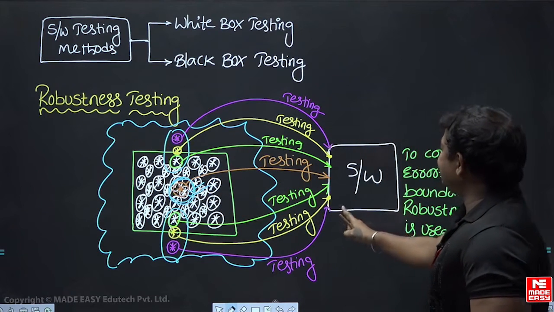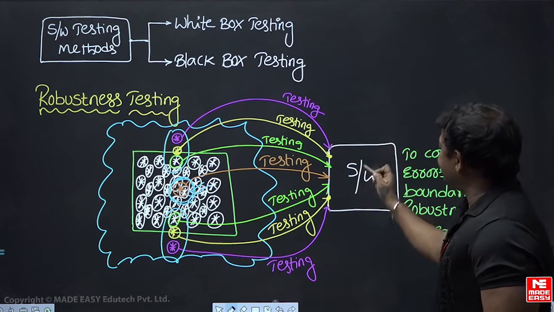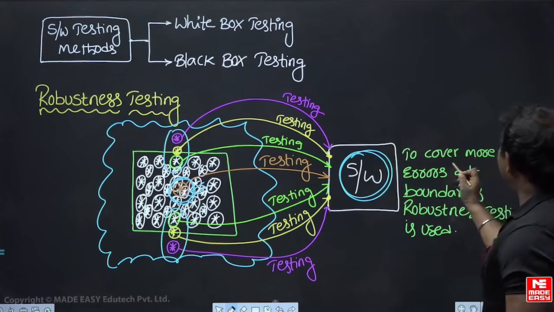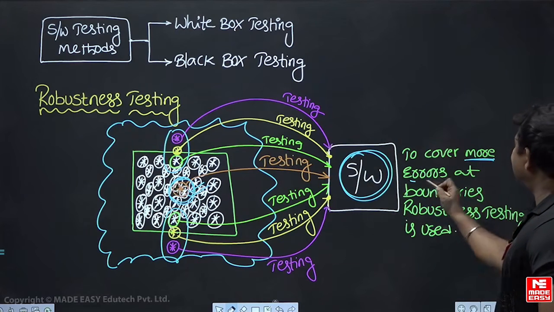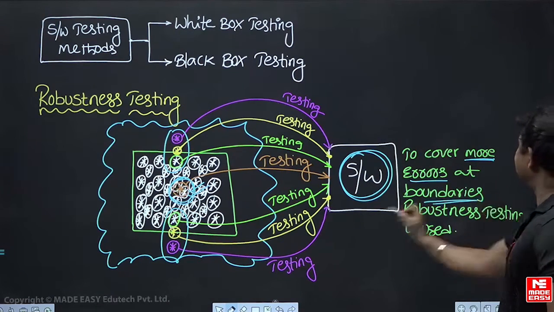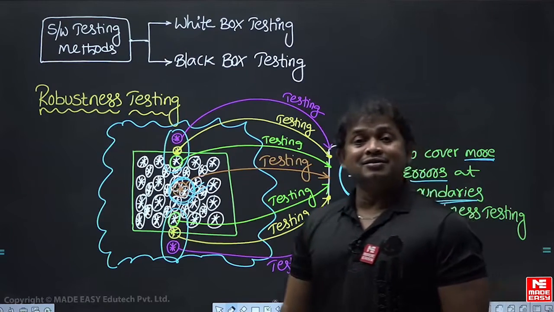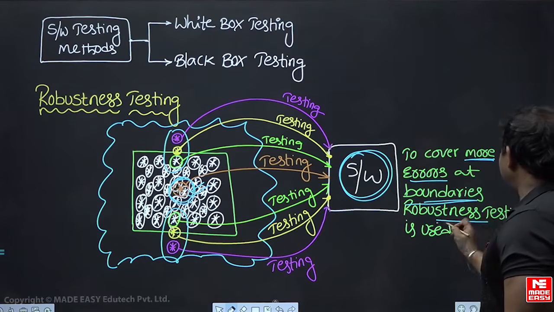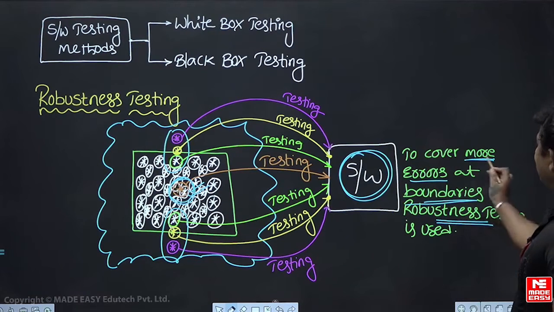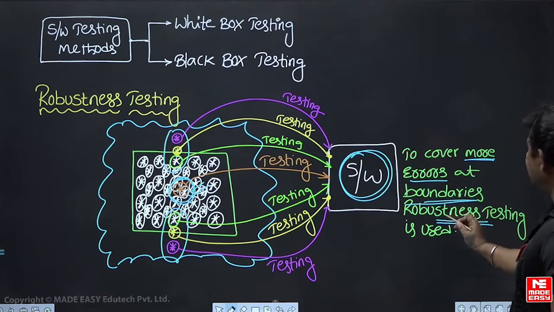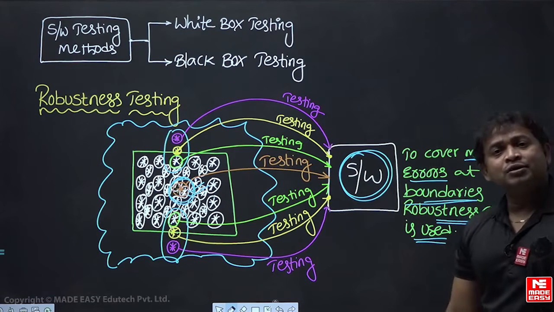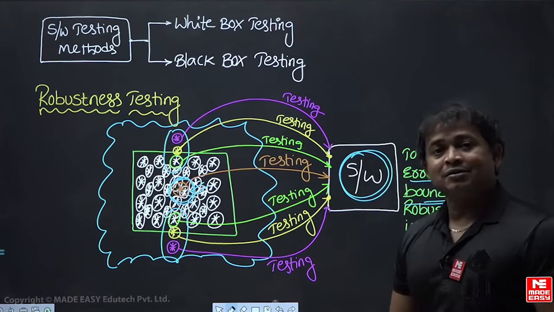Total 7 test cases are implemented in the software to cover more errors at boundaries. That is called robustness testing. Okay students, hope you understand this, right?